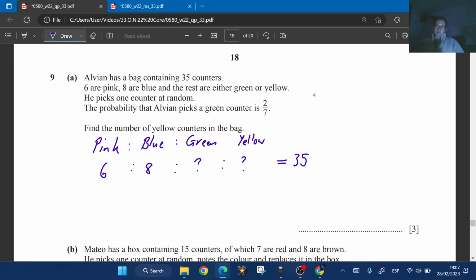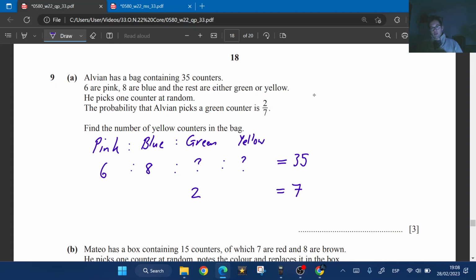Okay. So what other information can we deduce from this? Probability that Albion picks a green counter is 2 out of 7. So that means if there were 7 counters, 2 of them would be green. But there isn't. There's 35 counters.